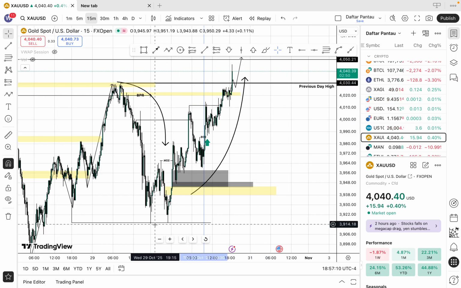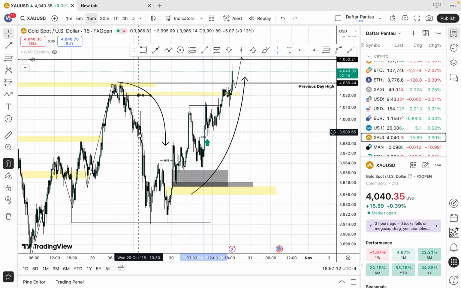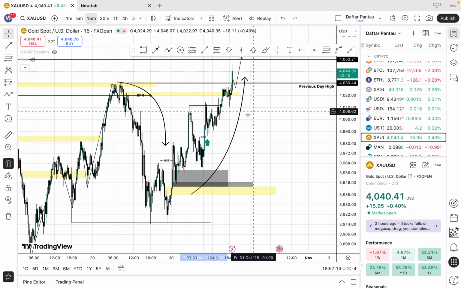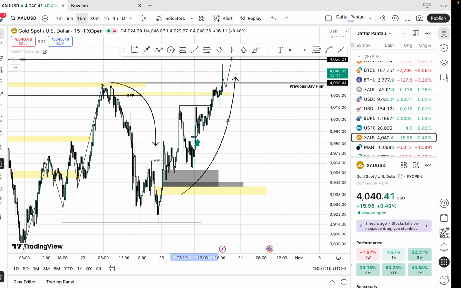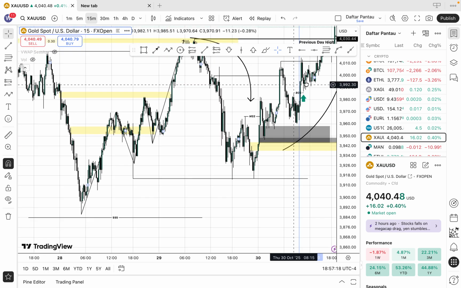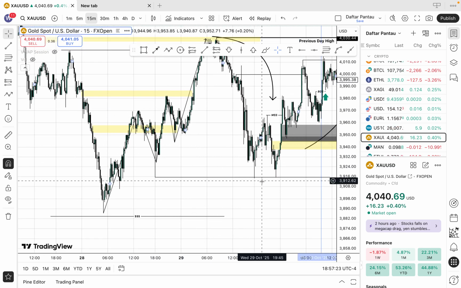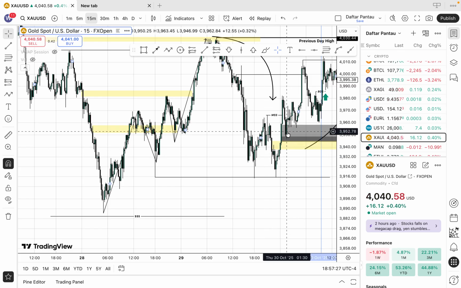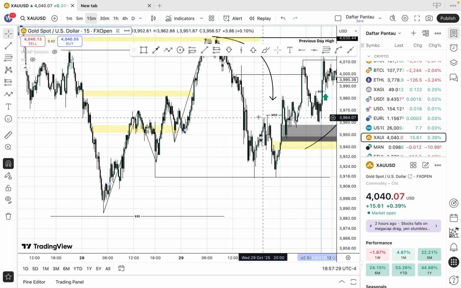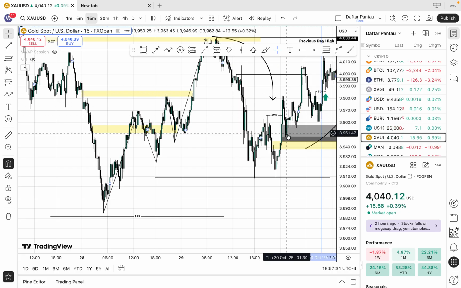Got it? So after the liquidity sweep, where this forms, and after making some fair value gaps, we wait for the price to touch the fair value gap. After the market structure shift, we buy here.